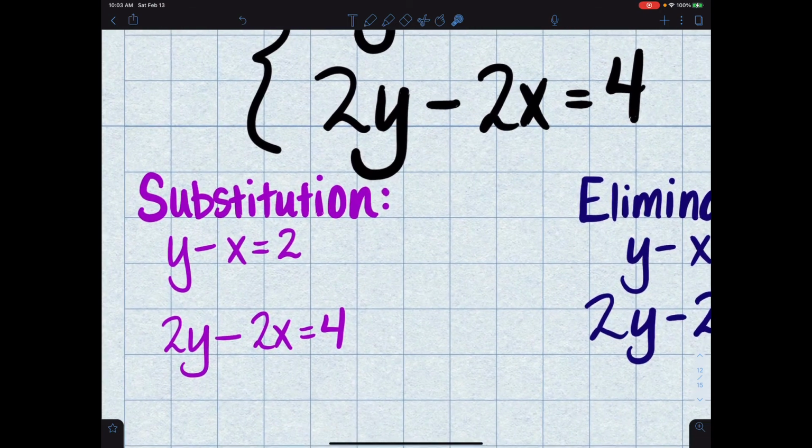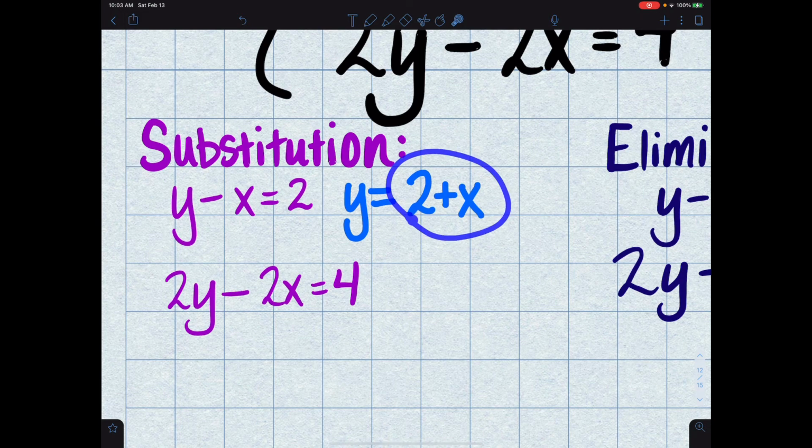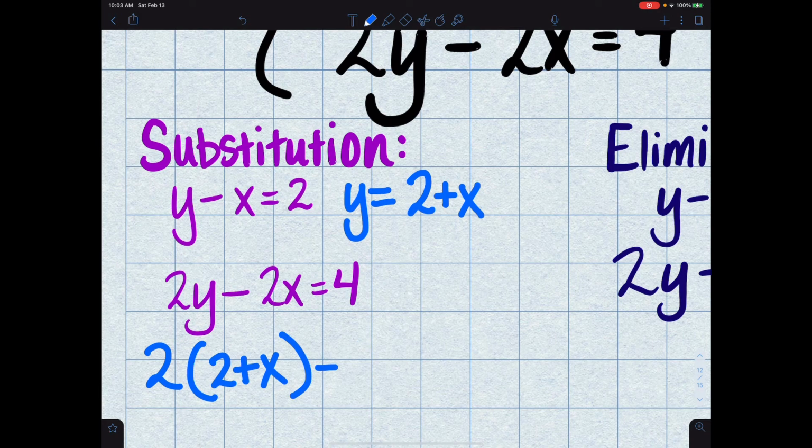All right, these are my two equations. Let's solve this first one for y, because it looks like that'll be easy to do. Y is equal to 2 plus x. And then we're going to take this and plug it in for this y. So then we'll get 2 plus x minus 2x equals 4.